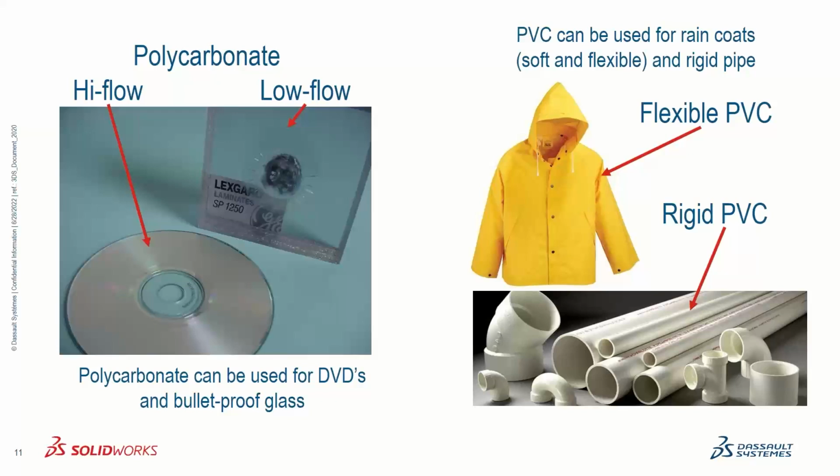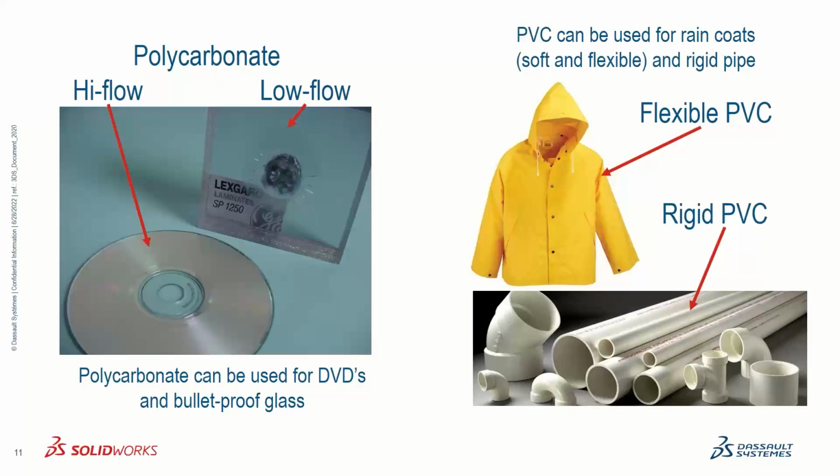If you have a high-flow polycarbonate, you can use it to manufacture, for example, DVDs, which are thin-walled. Whereas if you have a low-flow polycarbonate, you can use it to manufacture, say, for example, bulletproof glass. So you can see that the same class of material can be used to make something as light and thin as a DVD, as well as something that is thick and tough as bulletproof glass.